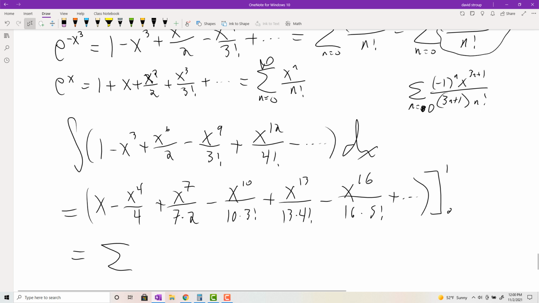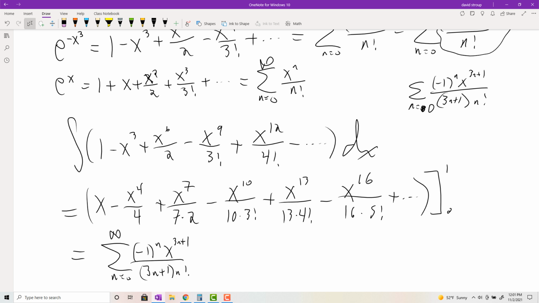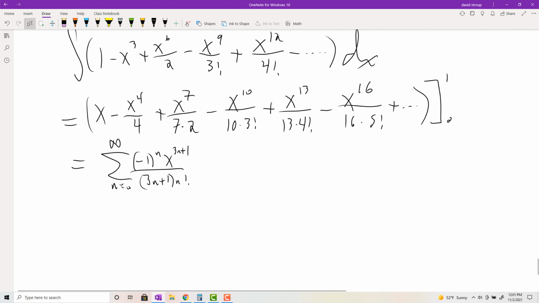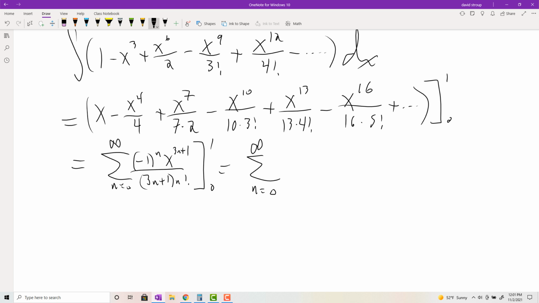So you have n equals 0 to infinity of negative 1 to the n times x to the 3n plus 1 all over 3n plus 1 times n factorial. So evaluating this from 0 to 1, if you plug 1 in there, you're just going to get the series n equals 0 to infinity of negative 1 to the n all over 3n plus 1 times n factorial. And then minus plugging 0 in there will just be 0, right? The whole polynomial will just be a big fat 0. So you have this expression as your answer.